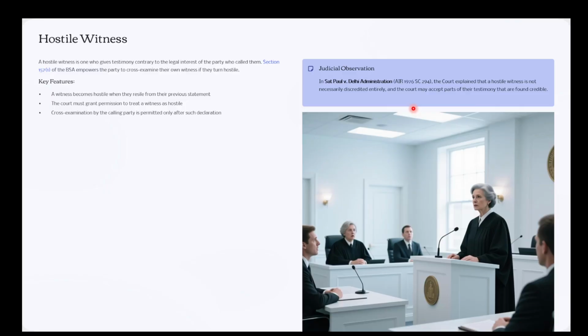Cross-examination by the calling party is permitted only after such a declaration. On judicial observation, in Satpal versus Delhi Administration, the court explained that a hostile witness is not necessarily discredited entirely and the court may accept the parts of their testimony that are found credible.